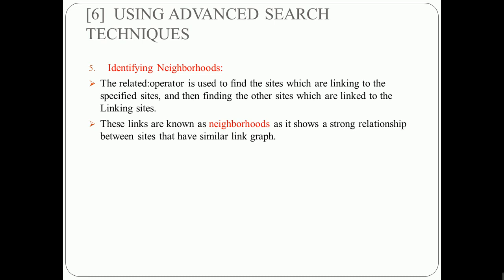In previous examples we have seen Saurashtra University is providing the MHRD website link, UGC link. So this type of linking of sites, these links are known as the neighborhoods, and it shows a strong relationship between sites that have a similar link graph. So this type of thing is also possible in neighborhood links.